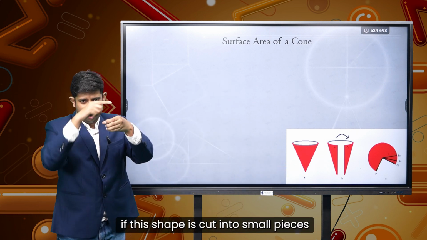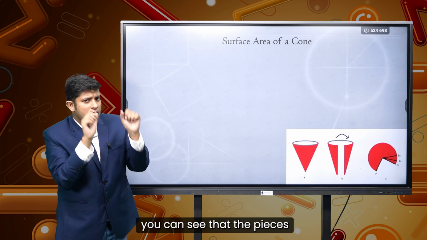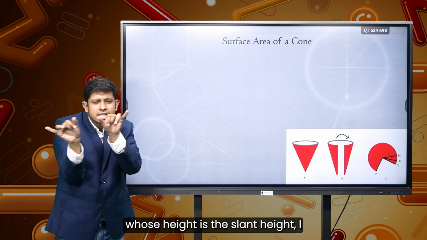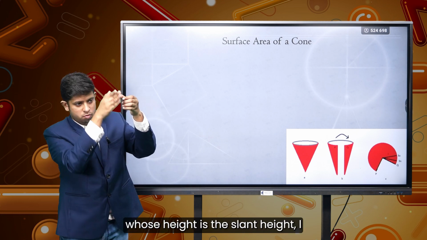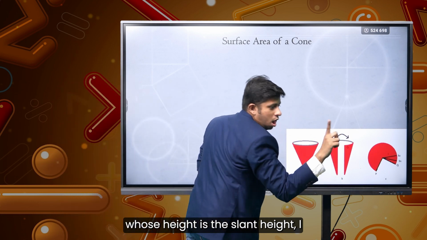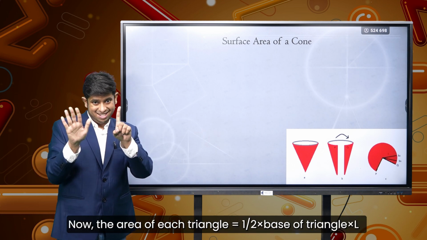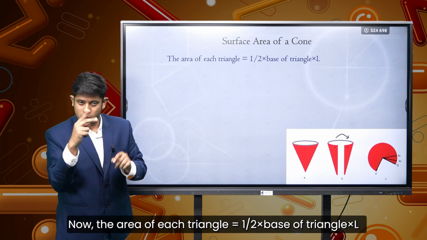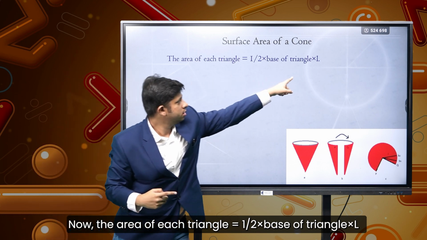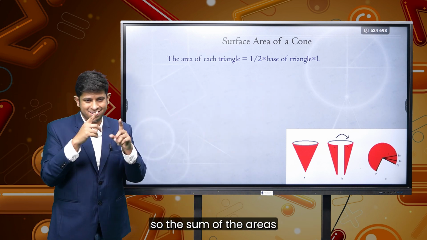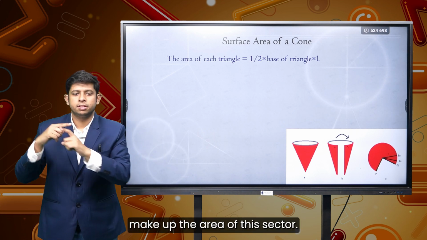Furthermore, if the shape is cut into small pieces along the lines marked in the figure, you can see that the pieces look like a triangle whose height is the slant height L. Now, the area of each triangle is equal to half into base of triangle into slant height L. So, the sum of the areas of many such triangles make up the area of the sector.